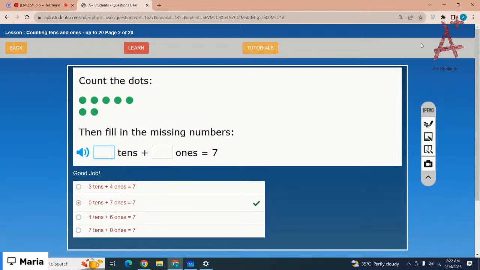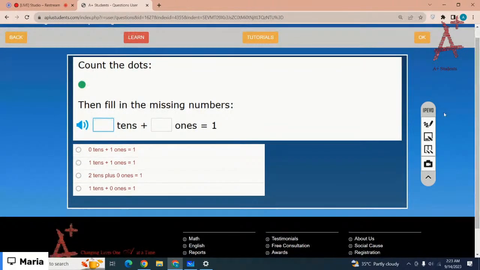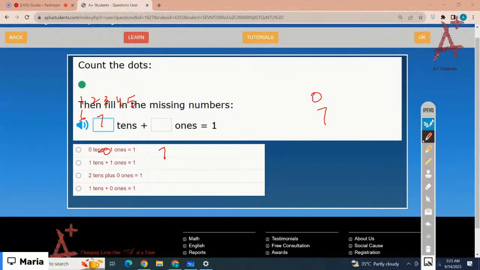Okay, count the dots. How many dots do we have? Only one dot we have, right? So you have only one digit, that is one digit number, that is 1, right?